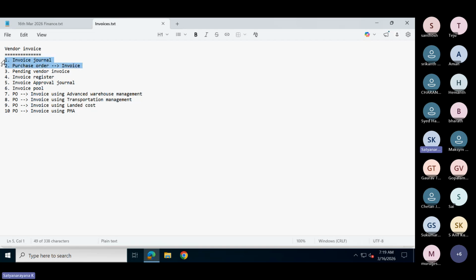These are the different ways to do vendor invoice. Within Microsoft Dynamics AX, we have these many types of invoices. Customer invoice. One is free text invoice. Next one is sales order to invoice.